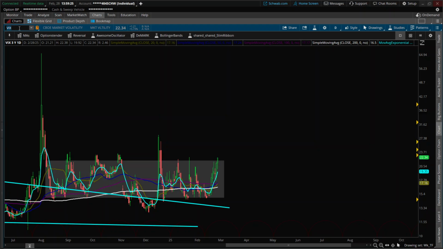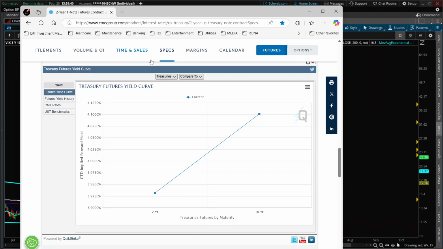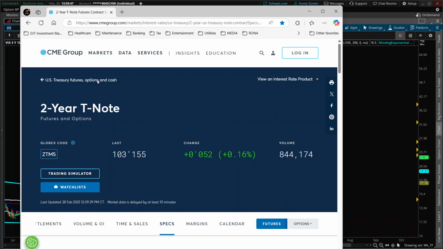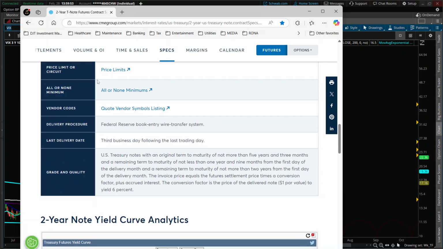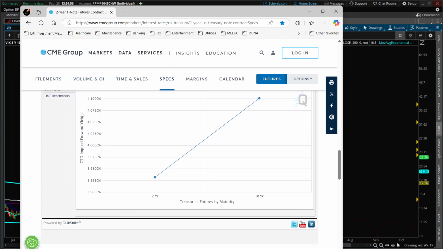All right. The last thing I want to show, and just since we're talking about recessional indicators, the first indicator that we're starting this recession that I was looking for was the 2-year and the 10-year. So from the CME Group site, we go into the 2-year yields, and you might have to change it.